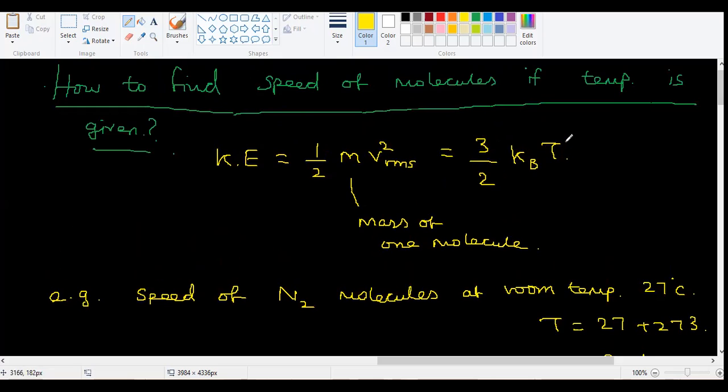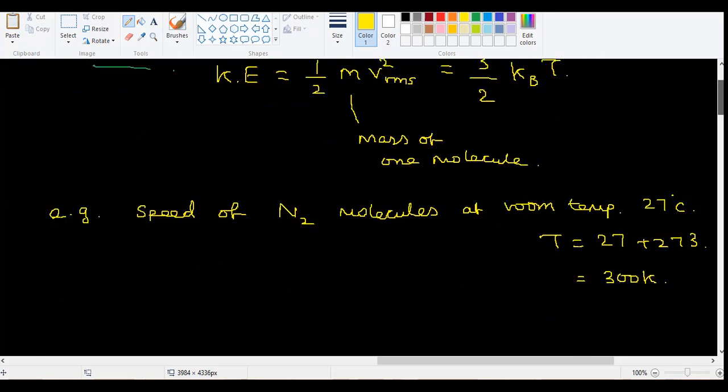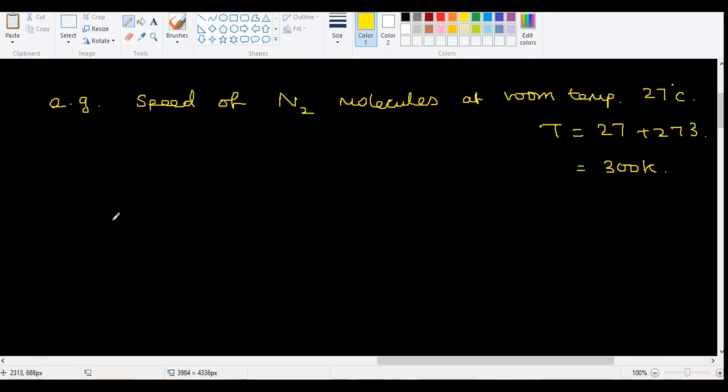So I know this value, I know this is a constant. Mass of one molecule is known, which means I can find the speed of the molecule itself. Mass of one molecule, how do I find it for nitrogen? Well, I know that nitrogen's mass number is 14. For nitrogen gas, it will be 28, right?